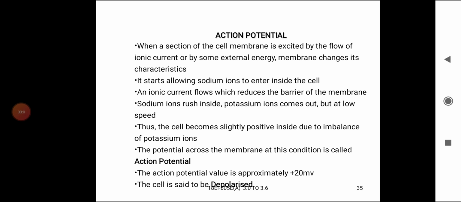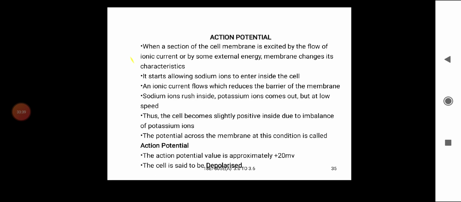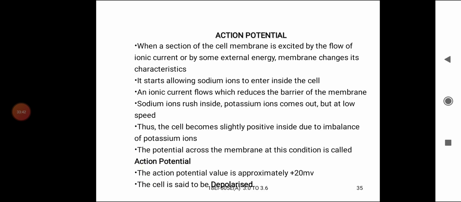Action potential. When a section of the cell membrane is excited by the flow of ionic current or by some external energy, the membrane changes its characteristics. It starts allowing sodium ions to enter inside the cell, and ionic current flows, which reduces the barrier of the membrane.